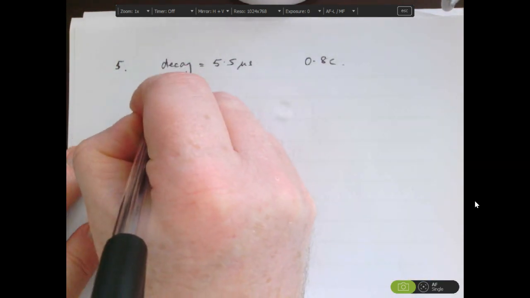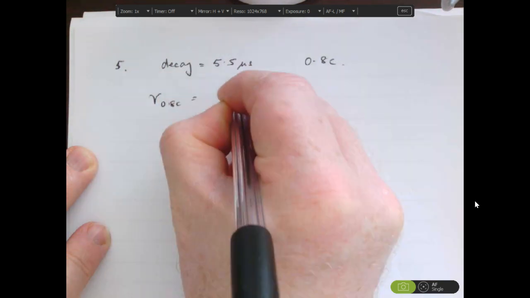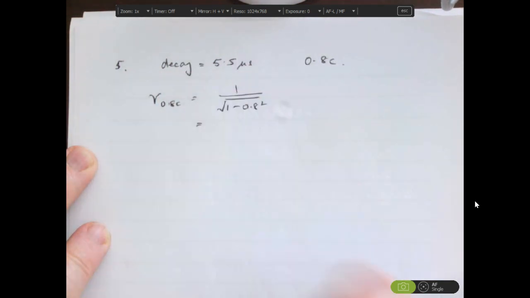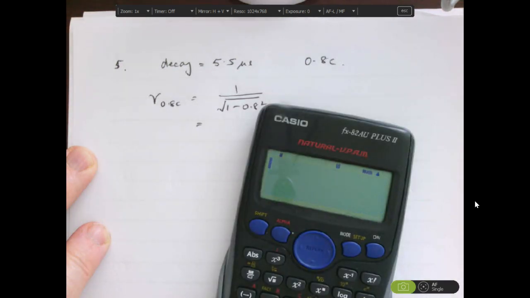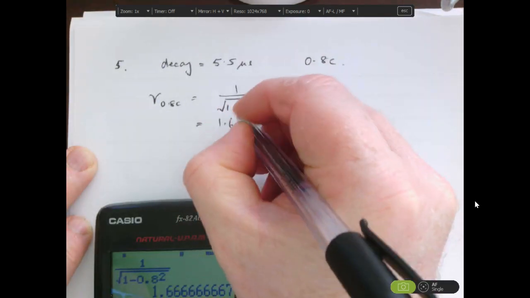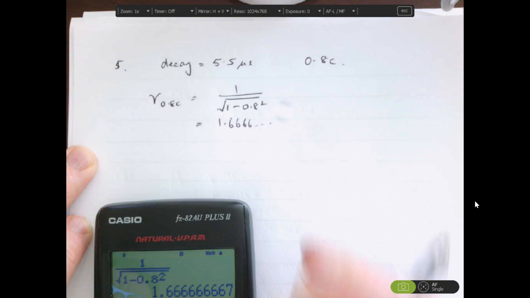So the gamma factor of 0.8 C would equal 1 over the square root of 1 minus 0.8 squared. And it's 1.666 repeating.